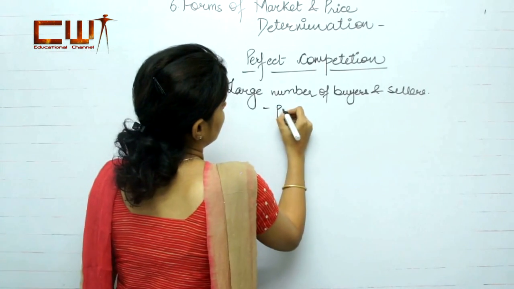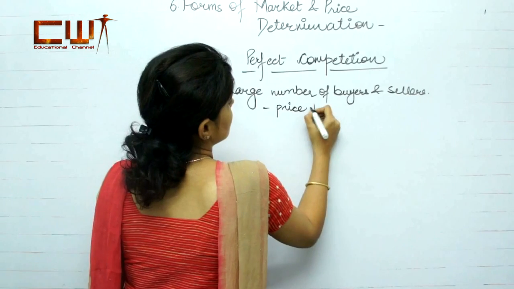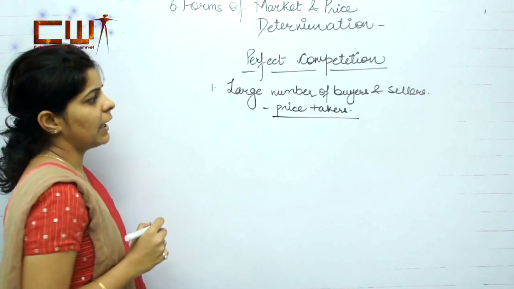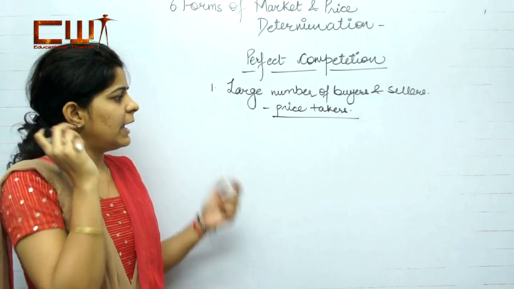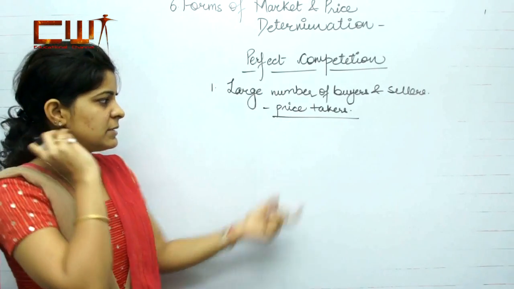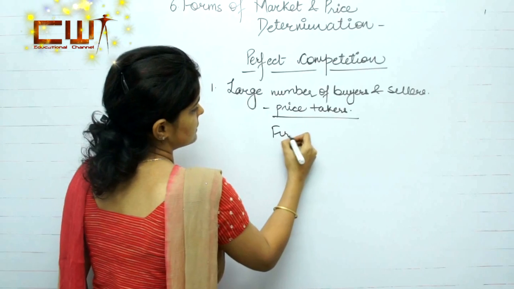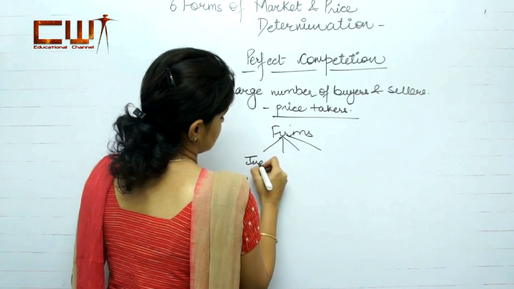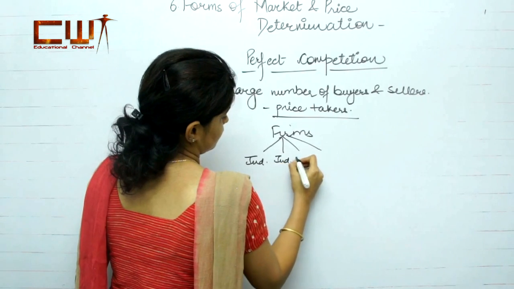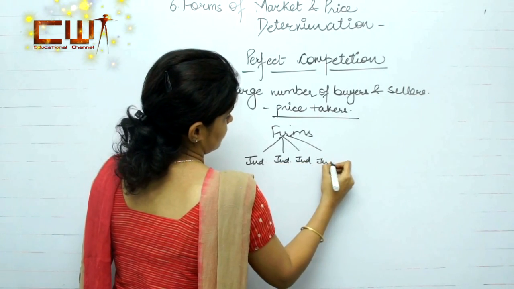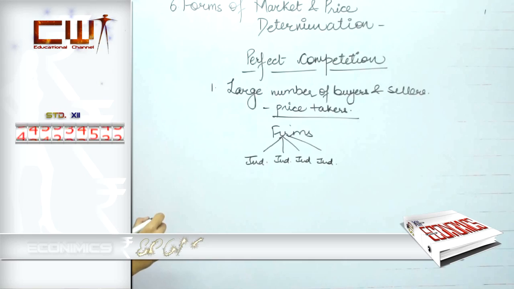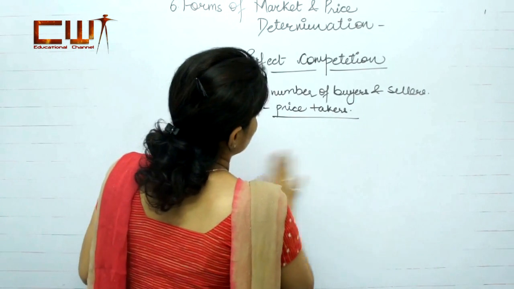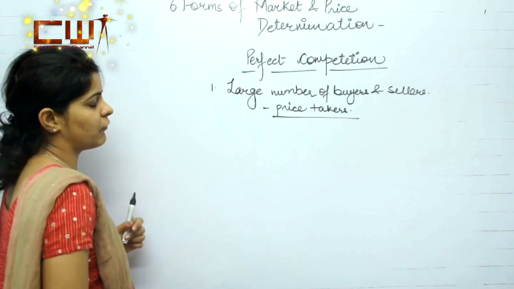And most importantly, they are known as the price takers. Price takers means they cannot set their own prices. It is the firms which set the prices. Then under firms you have different industries. Or you have one industry and you have different firms under it.